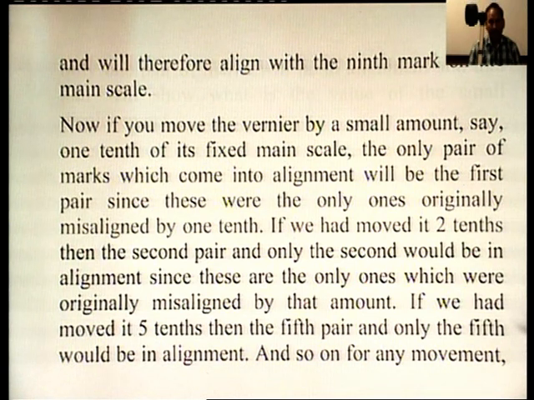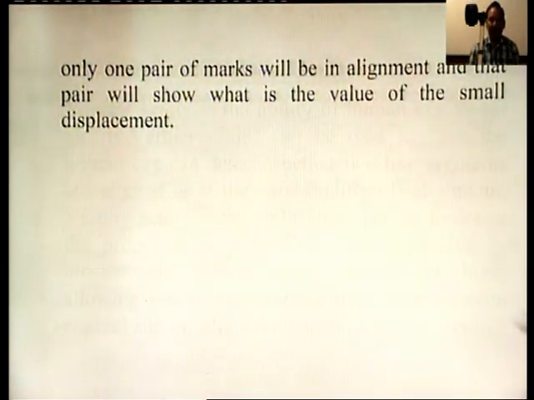If we had moved it 2/10, then the second pair and only the second would be in alignment, since these are the only ones which were originally misaligned by that amount. If we had moved it 5/10, then the fifth pair and only the fifth would be in alignment, and so on for any movement. Only one pair of marks will be in alignment, and this pair will show the value of the small displacement.